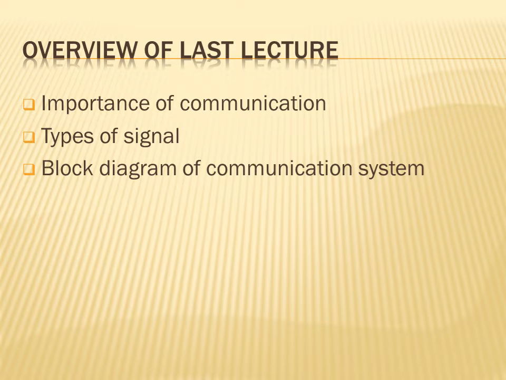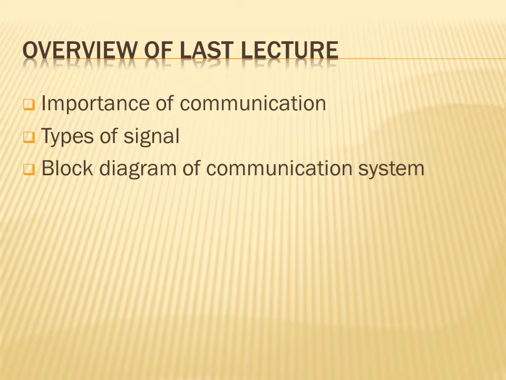Then it is given to the communication channel, which is either wired or wireless. For wired we use wires and cables, and for wireless we use the air. When your signal travels from transmitter to receiver, noise gets added into it.